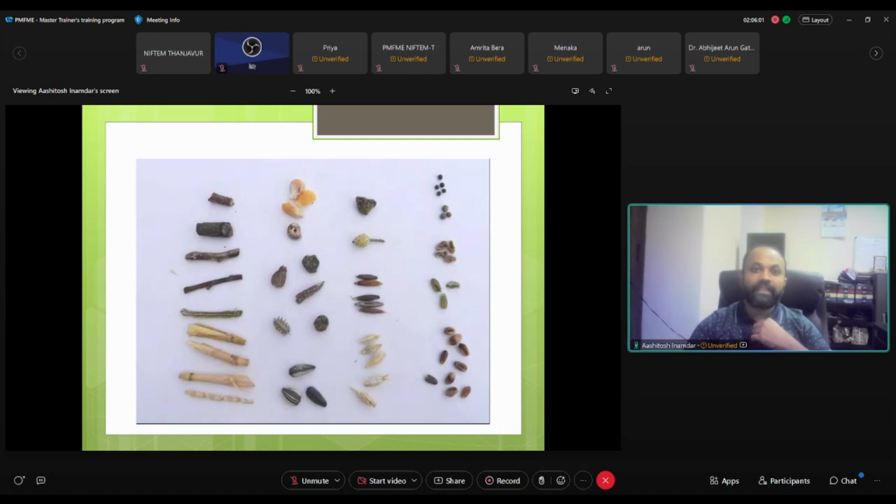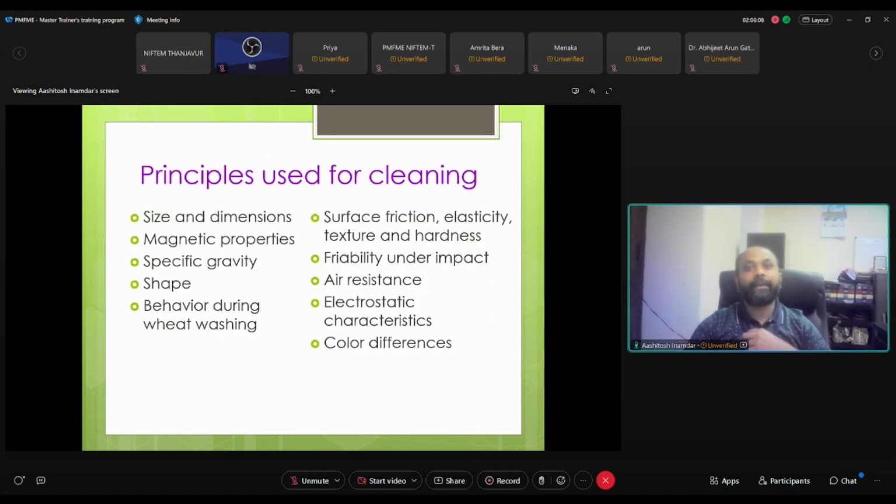So basically, the process of cleaning is designed with machineries which may use one or multiple of these principles when a cleaning machine is designed to do a certain job for a grain processor. So in my first half, I will try to touch on these principles and also look at some machines which are using these particular principles.